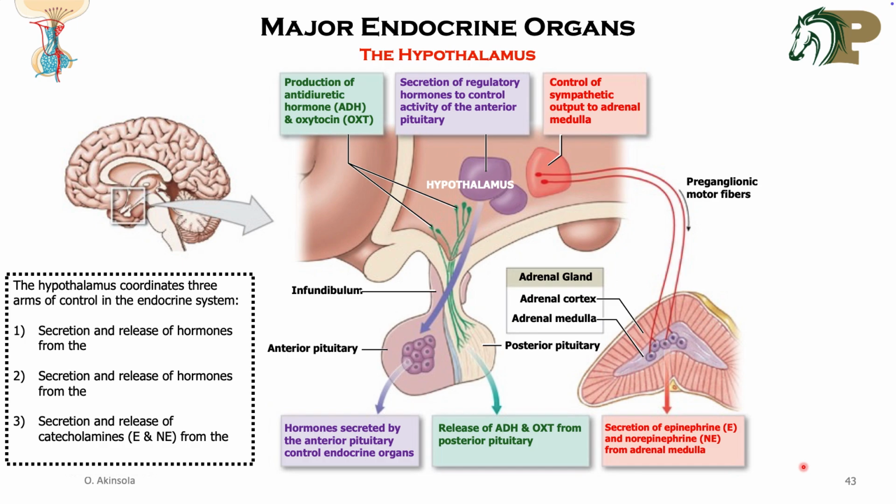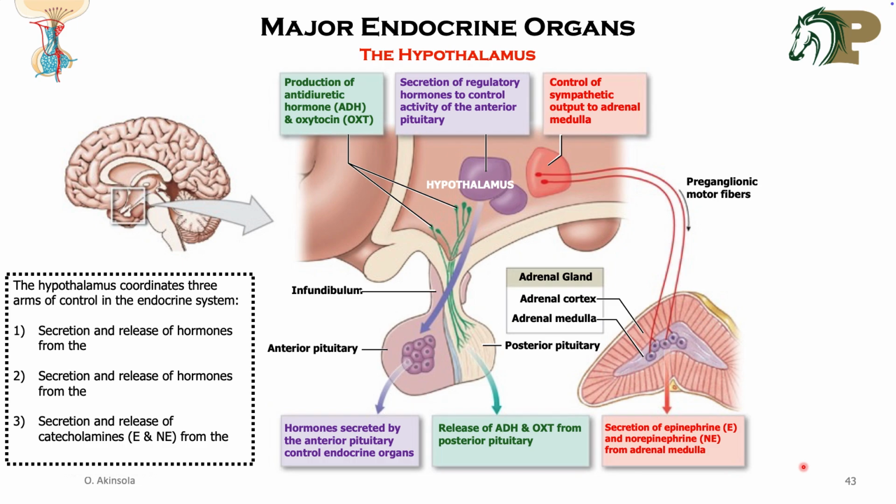Remember, previously we talked about three arms of endocrine gland regulation. Those three arms, if you recall, were neural control, hormonal control, and humoral control.